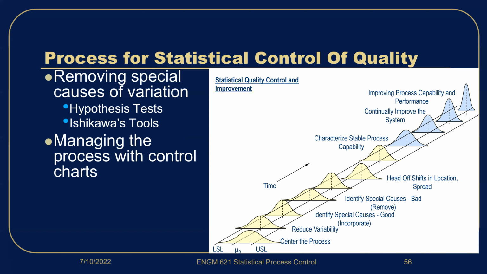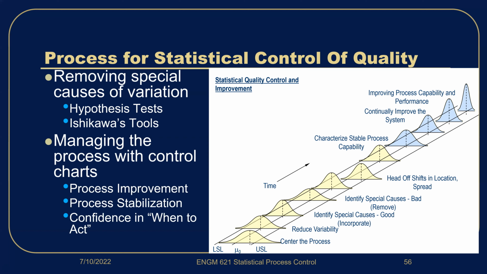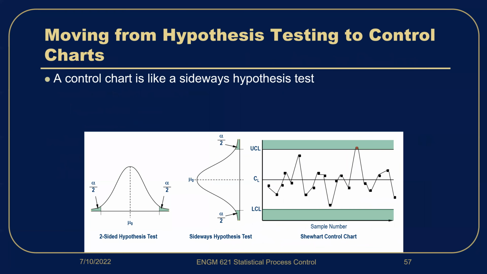Then in the second phase, we manage the process with control charts to improve the process, stabilize it, and have confidence in when to act. Those are the blue steps in this picture.